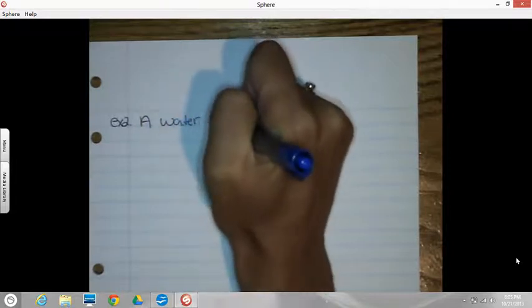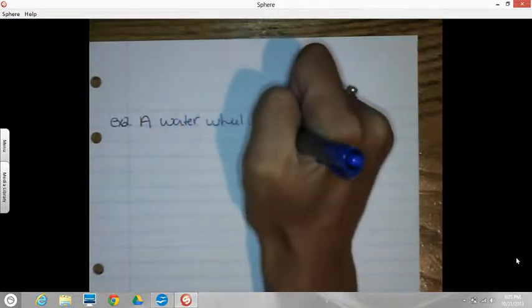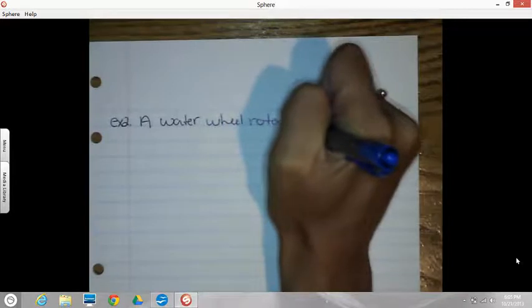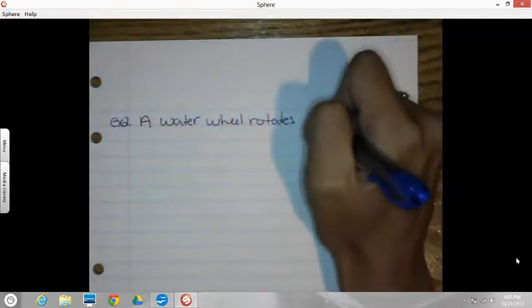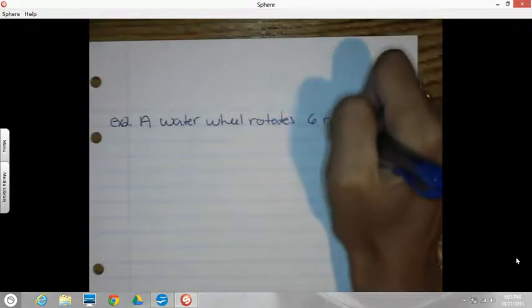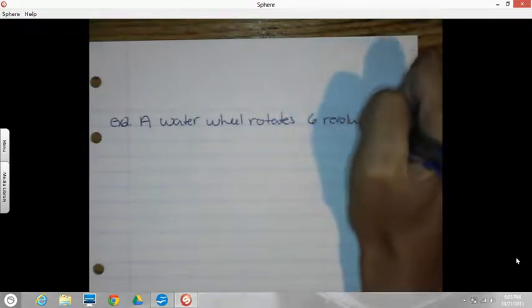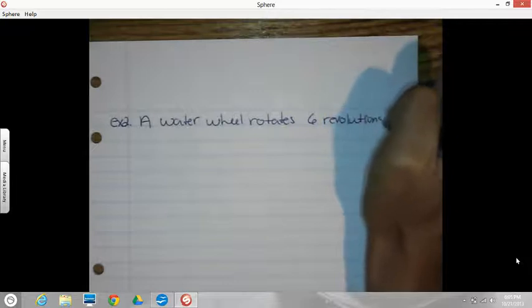Okay, this time we have a water wheel. It rotates 6 revolutions per minute.